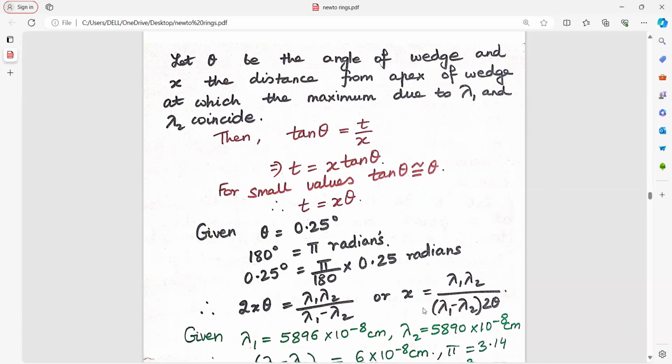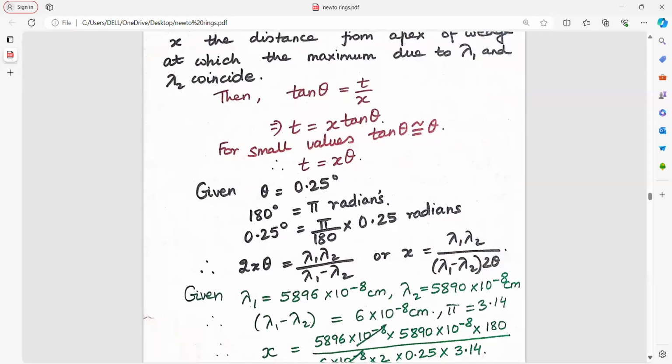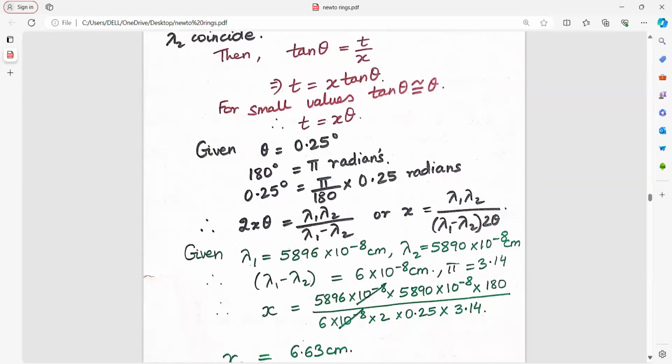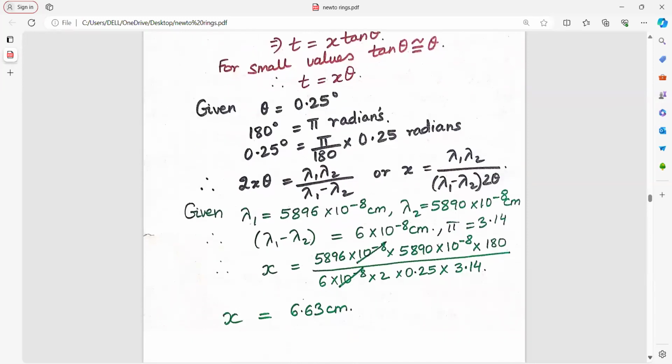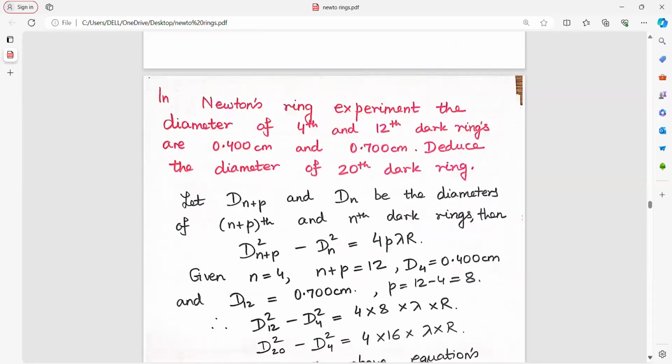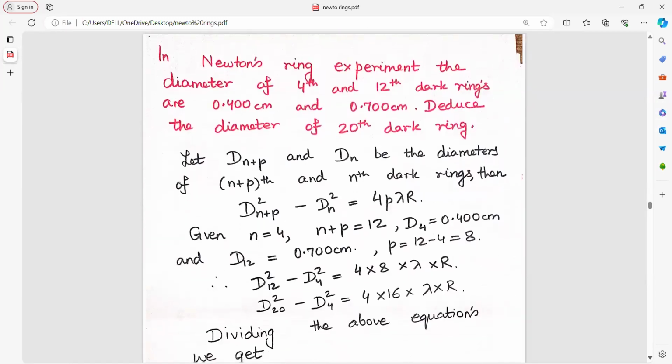You just put this value here, simple. You have been given x1, lambda 1 and lambda 2, pi is 3.14, and you get your answer for x as 6.63 centimeters.